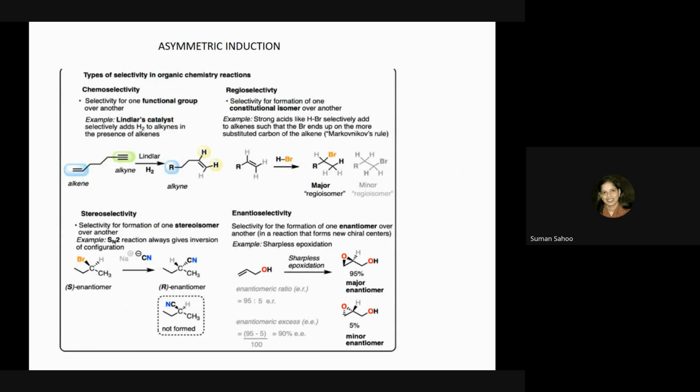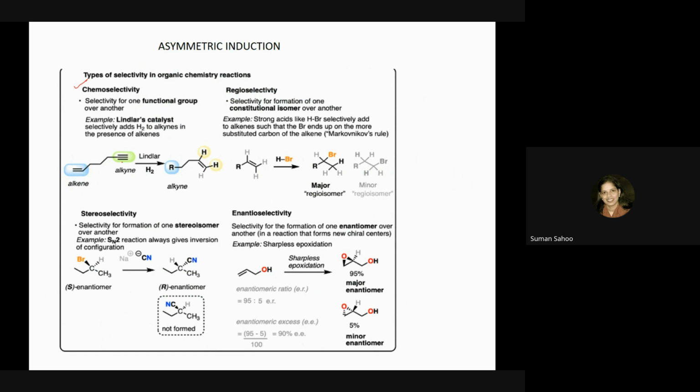Next, how do we induce asymmetry in any reaction or in any molecule? Before going to that, we should know there are some selectivities or specificities in organic chemistry reactions. First is chemoselectivity.